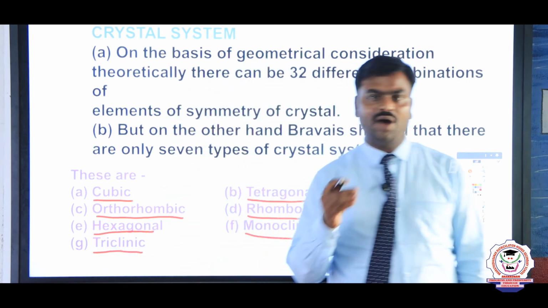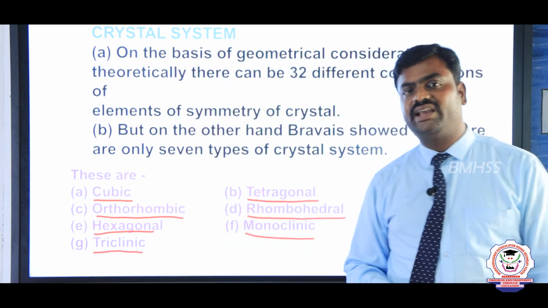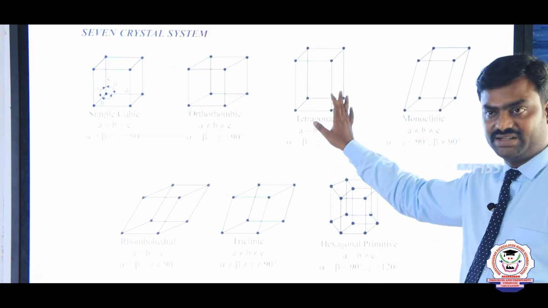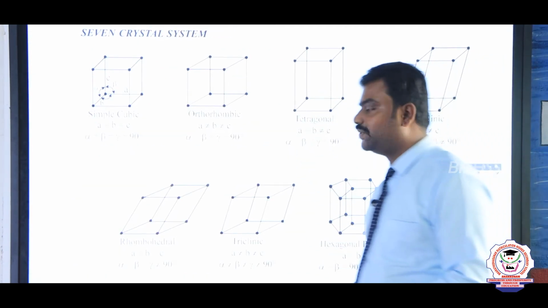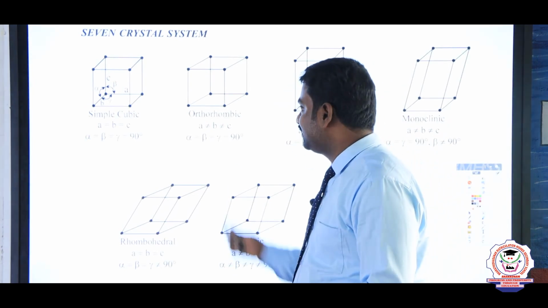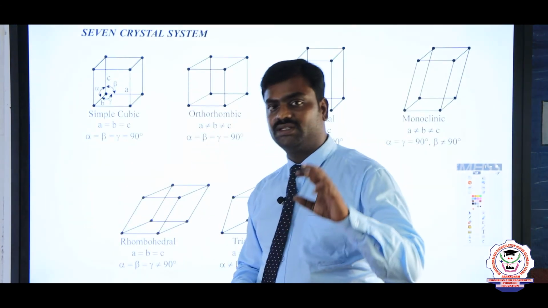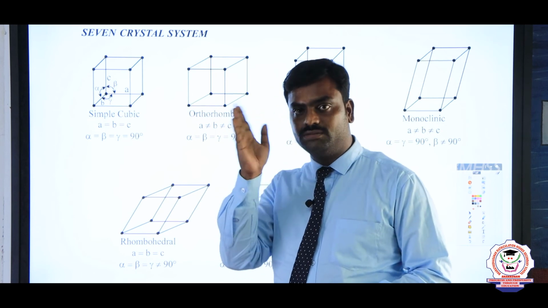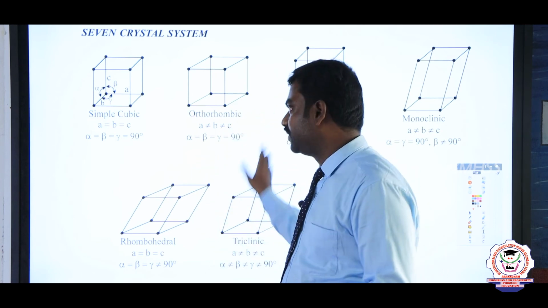See how we can differentiate these different unit cells. Here, all the 7 crystal systems have been shown. See the first one, simple cubic. I will give you the simplest method to understand the different types of systems.